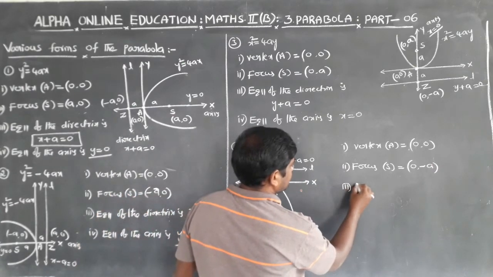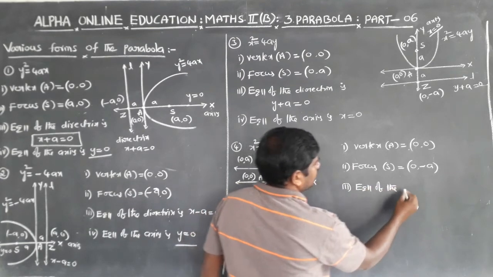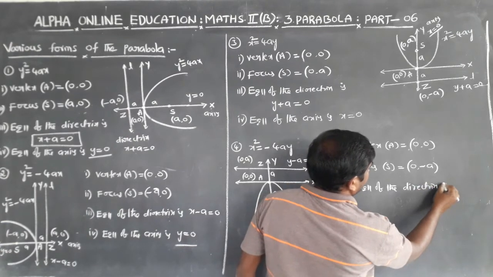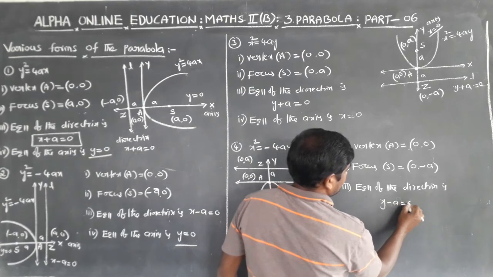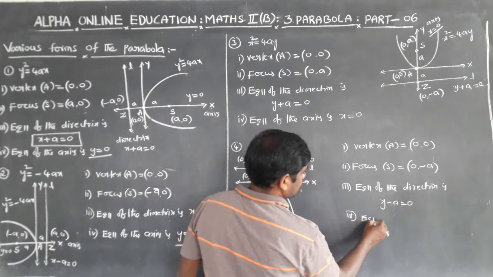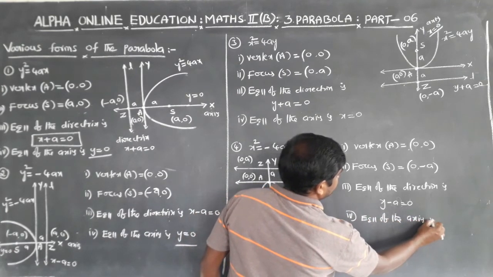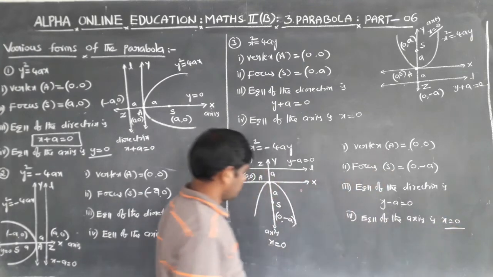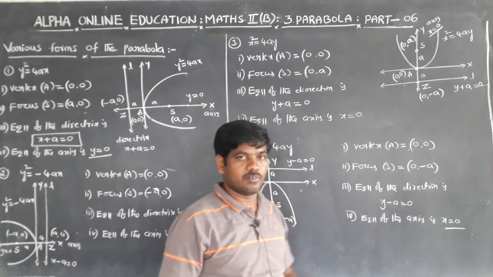Third one is equation of the directrix: y minus a is equal to 0. Fourth one is equation of the axis is x is equal to 0, the y-axis.